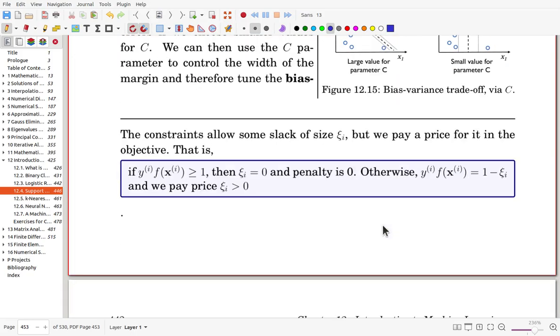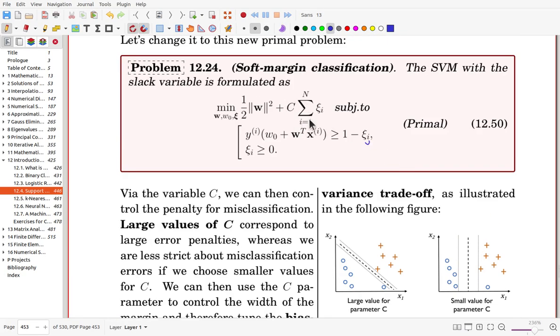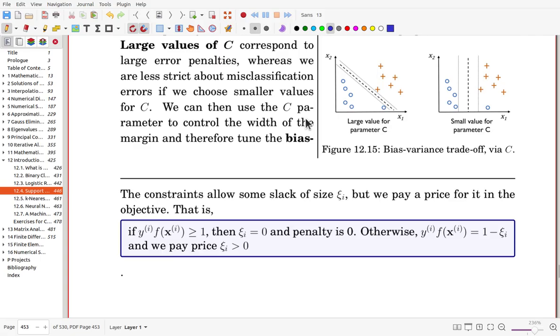Now the constraint allows some slack of size psi i, but we pay a price for it in the objective. As you can see in the formulation, if the slack variable is large, then the cost becomes large, right? If psi is 0, then the penalty is 0.